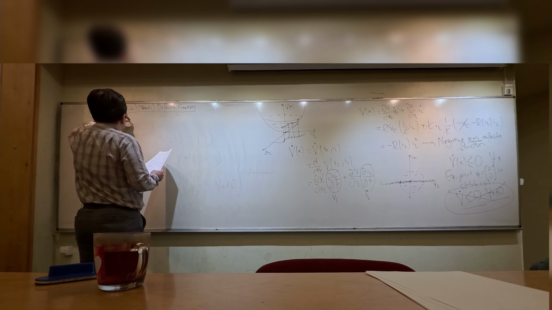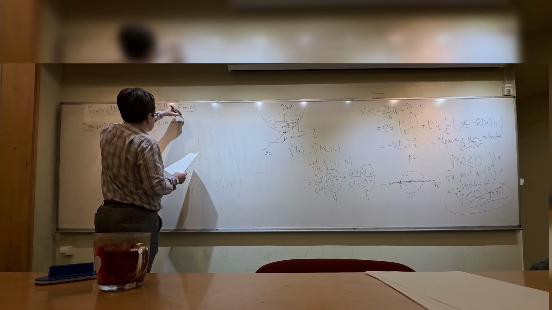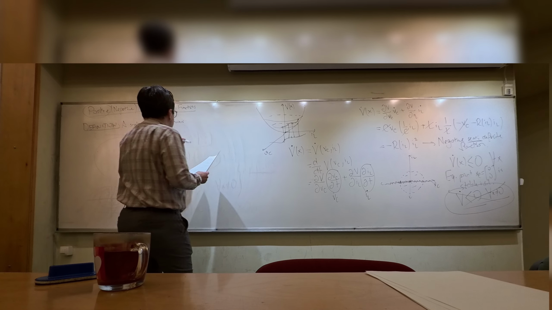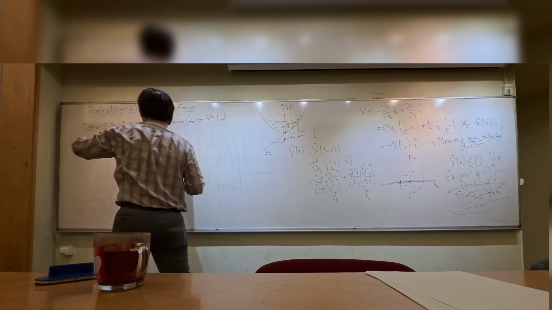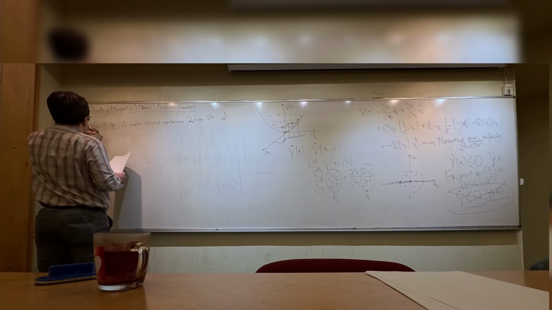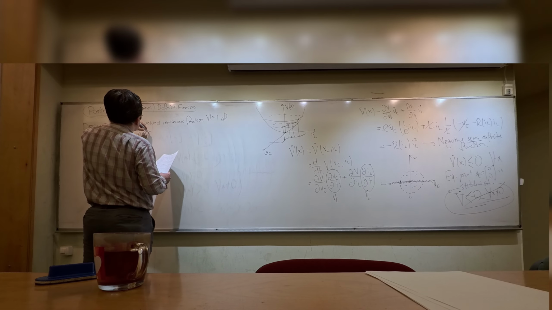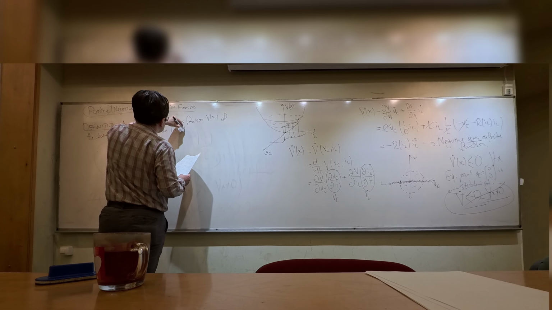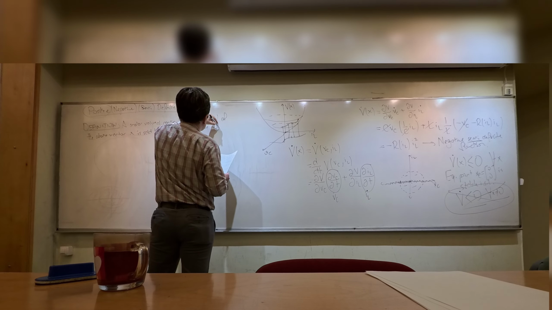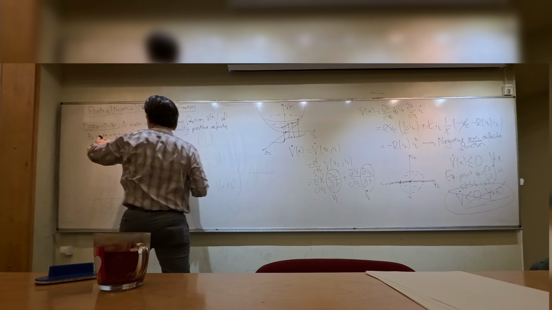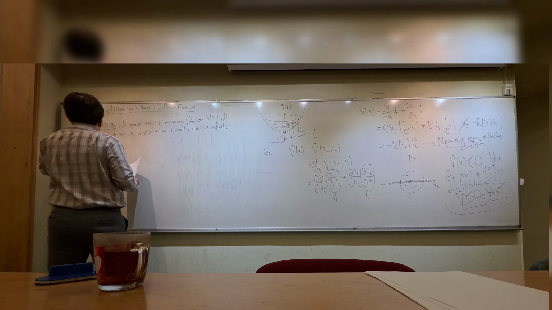A scalar valued continuous function. It is important for these functions to be continuous. A continuous function V of x of the state vector x is said to be locally positive definite if, or since this is a definition, it might be if and only if, there are two properties.